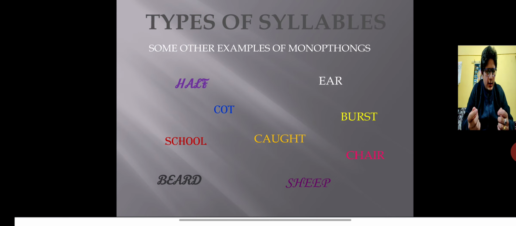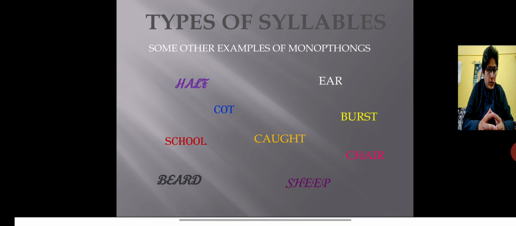It's cot and it's cot. So that means these two words are using different alphabets or vowels to create a sound, but they're referring to the same tone, the same syllable, the same mono sound or the monotone.